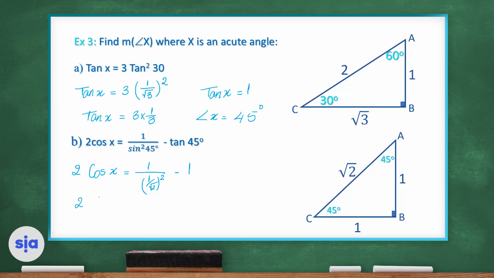So 2 cosine x equals 1 over half, which is 2, minus 1, then 2 cosine x equals 1. If you divide both sides by 2, cosine x equals half. Cosine what equals half? Yes, you guys are right. So x equals 60 degrees.